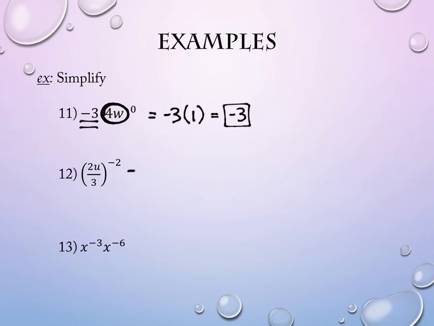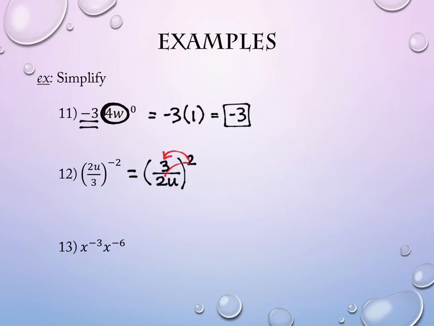So I'm going to deal with just the negative part first. If you want to deal with more than just the negative part at one time later, that's fine. But I'm just going to deal with the negative. And it's going to flip my fraction. So I have a 3 on top and a 2u on bottom. And now instead of having a power of negative 2, it's a power of positive 2. The negative gave me the reciprocal. Okay? And now I'm back to distributing the power.